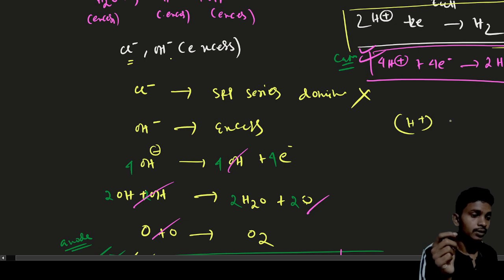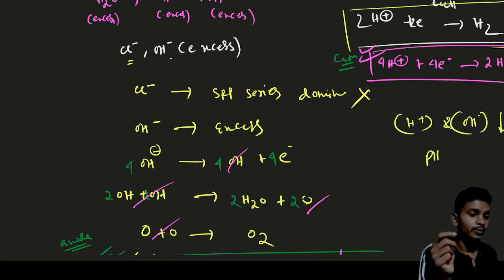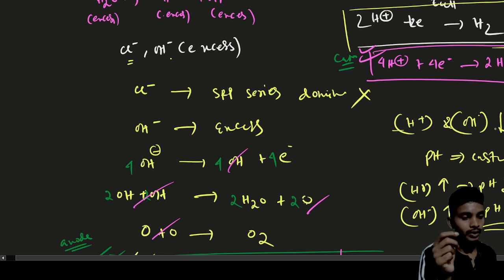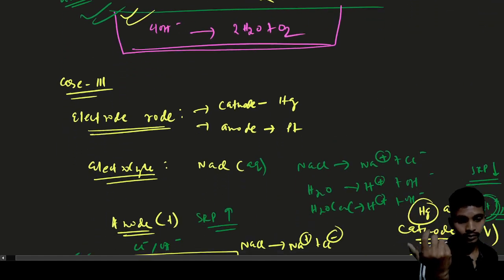So both H+ and OH- are consumed, which means pH will remain constant, because if H+ increases then pH decreases, and if OH- increases then pH increases. But here both H+ and OH- are equally consumed, so pH of the solution remains constant.